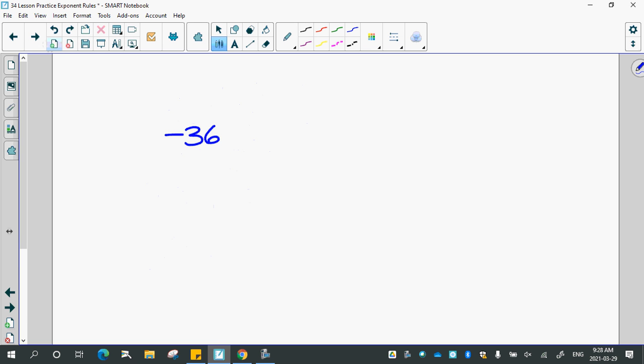Okay. Another dividing one. Negative 36 a to the 4th over 12 a to the 7th.